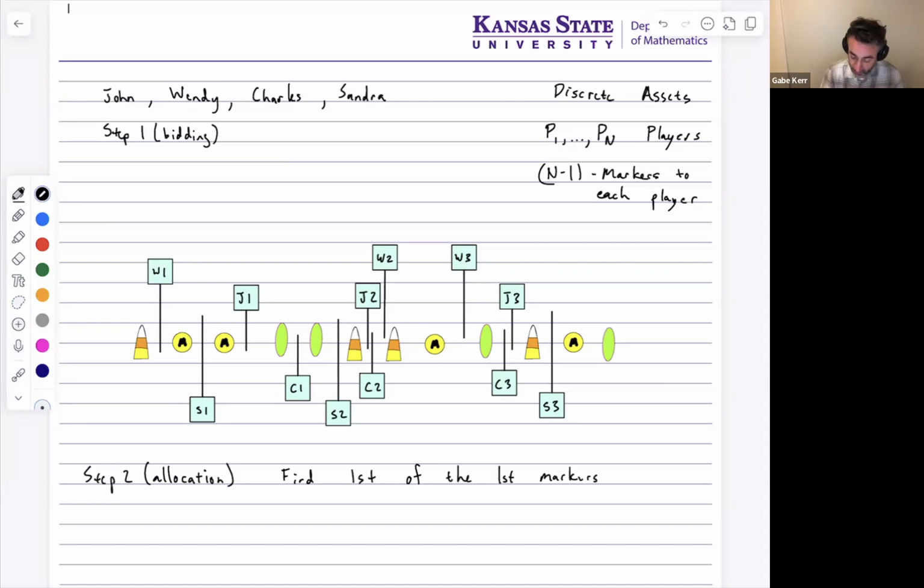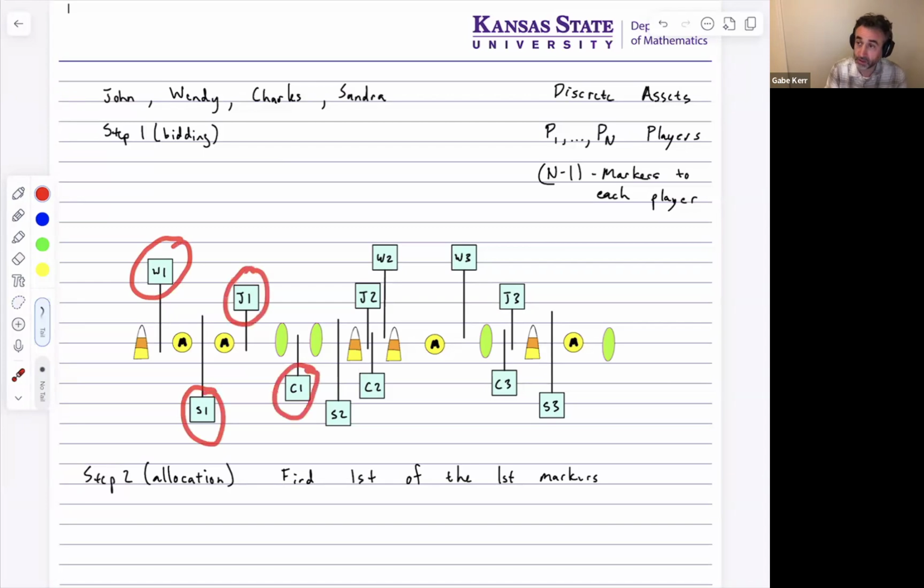Okay. So in this case, what are our first markers? Well, they're labeled by the ones. So we have Wendy's first marker, Sandra's, John's, and Charles's first markers. And we are going to find the first of all of the first markers. And that's Wendy. She has the first reading left to right. That's Wendy's.